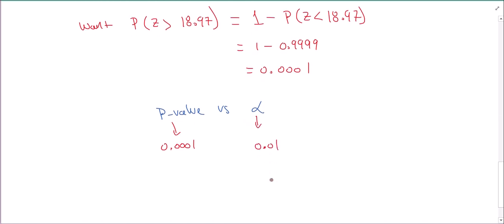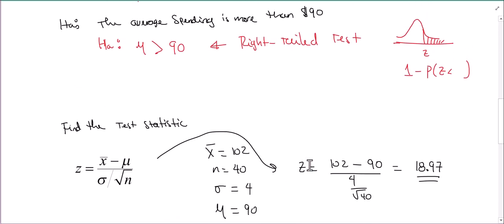So what's the relationship? Our p-value is less than alpha. What happens when we have less than? We reject the null hypothesis. We can just say reject H sub 0.